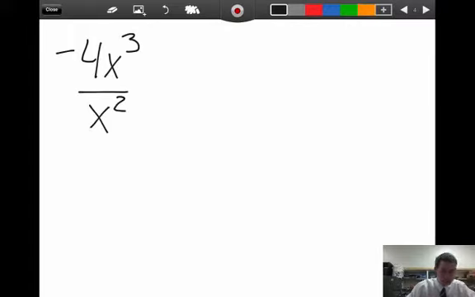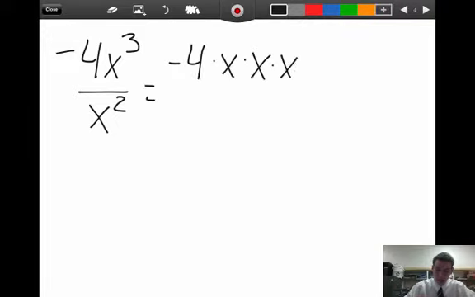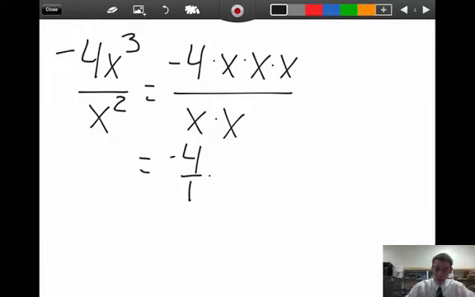What if we have a negative 4x cubed divided by x squared? We can rewrite this as negative 4 times x times x times x over x times x. And we can rewrite this then again as negative 4 over 1 times x over x times x over x times x over 1.